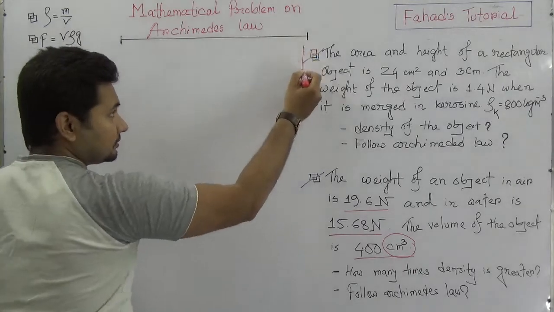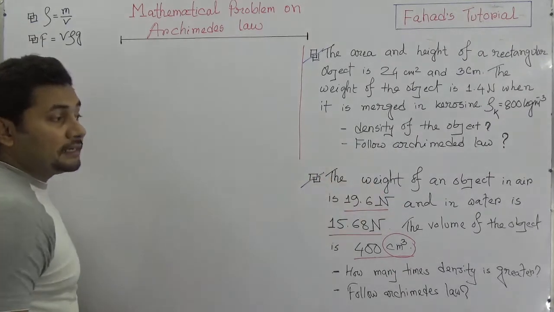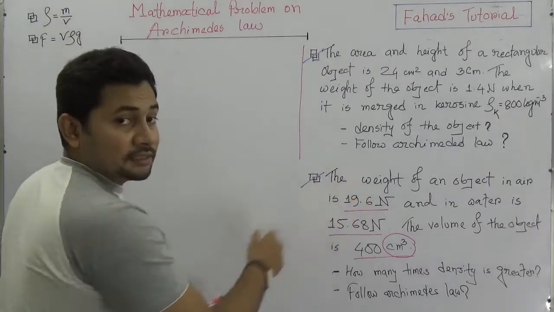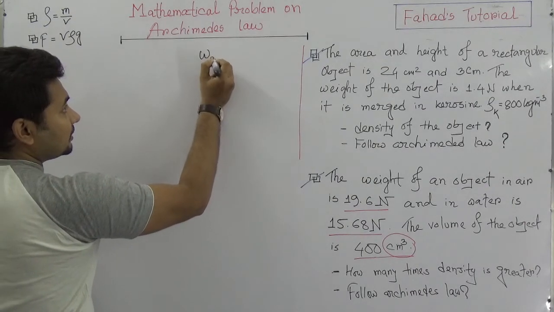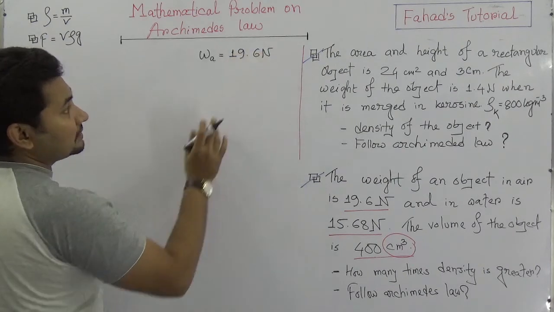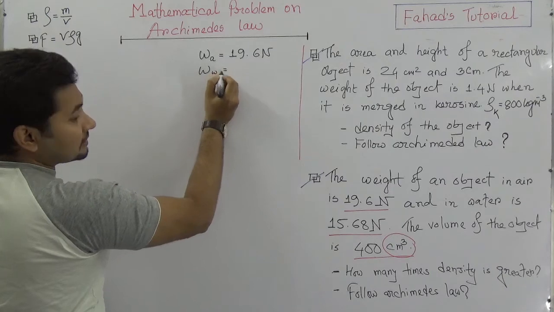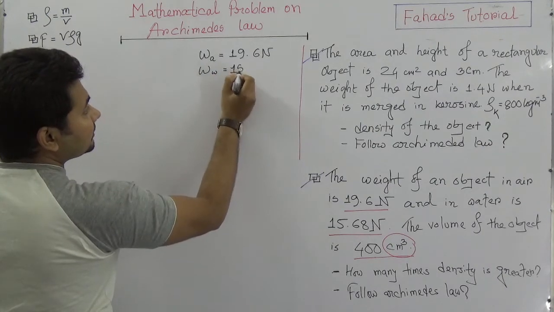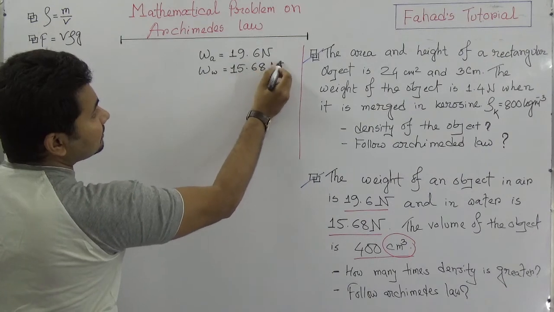In this data, what is given? The weight in air: the object's weight in air is given as 19.6 Newton, and the object's weight in water is given as 15.68 Newton.